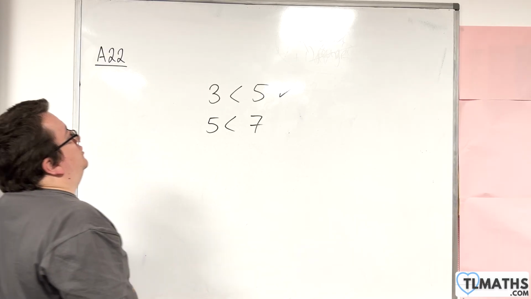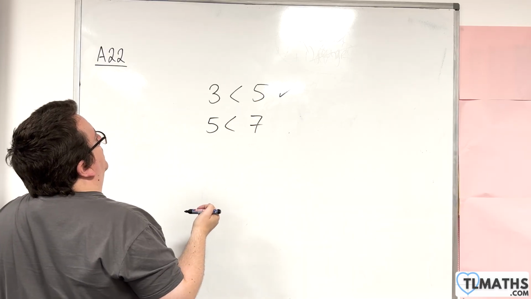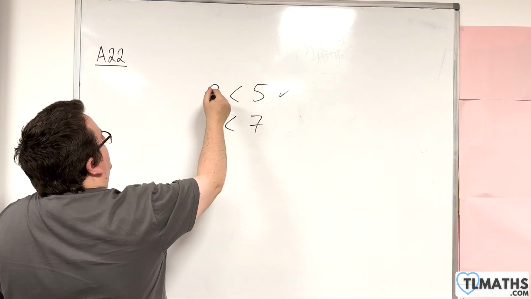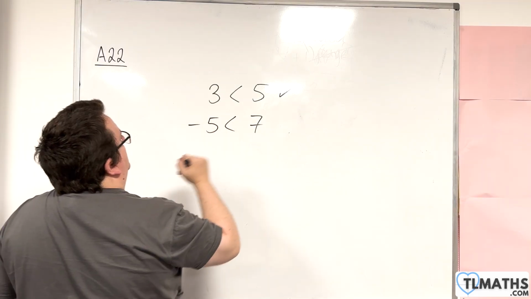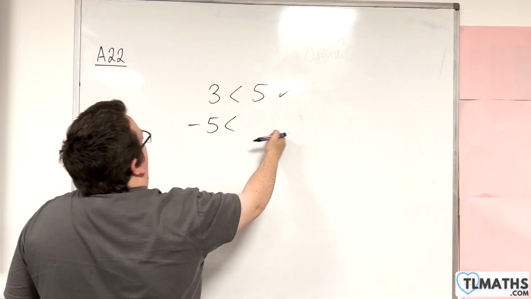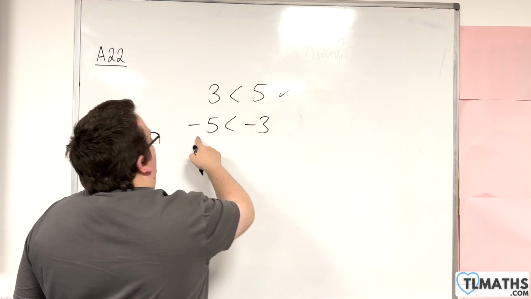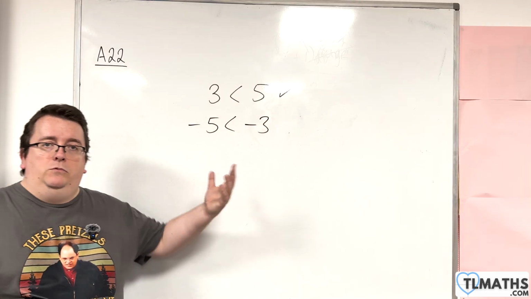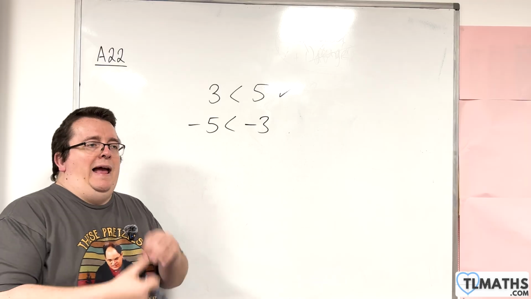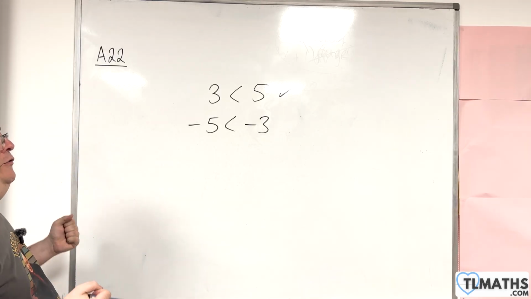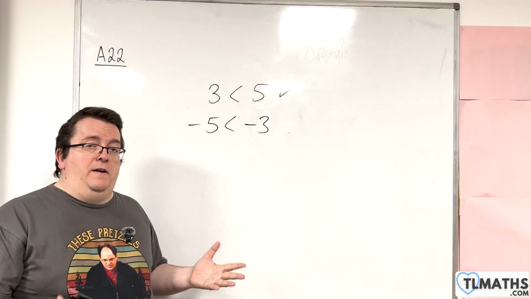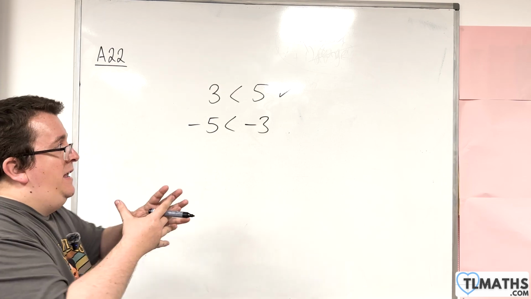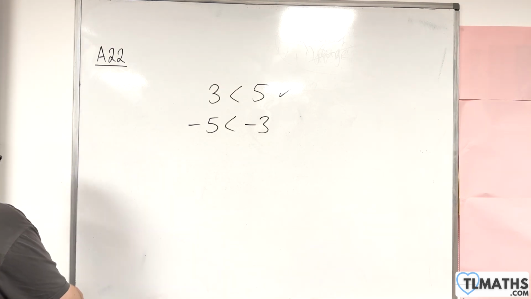We could subtract 8 from both sides if we wanted to, subtracting 8 from the left-hand side and subtracting 8 from the right-hand side. Minus 5 is less than minus 3. True, okay? So adding or subtracting an amount to both sides is perfectly fine. The inequality maintains and is correct and true.